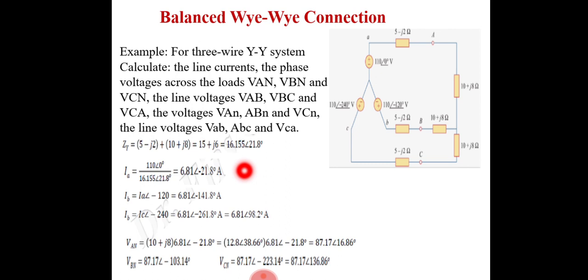So 110 divided by 16.155 gives 6.81 ampere current and angle minus 21.8.